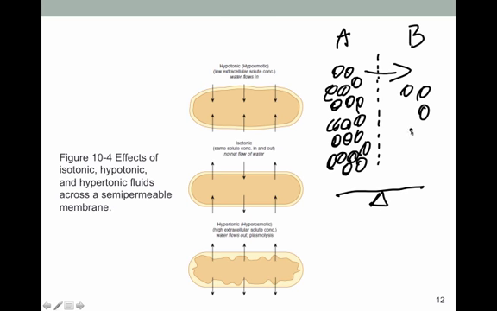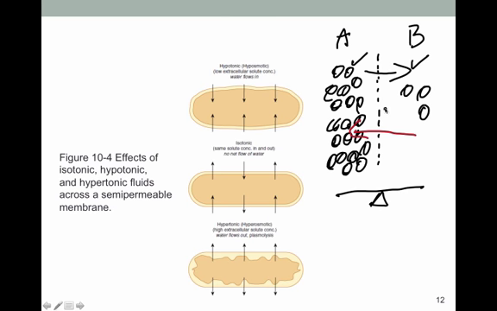The water, however, would move in this direction, and I changed ink color so you could see. Now, this is the definition of diffusion and osmosis. Diffusion, going from an area of higher concentration to an area of lower concentration.